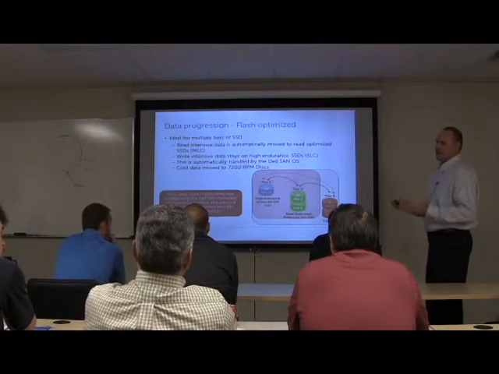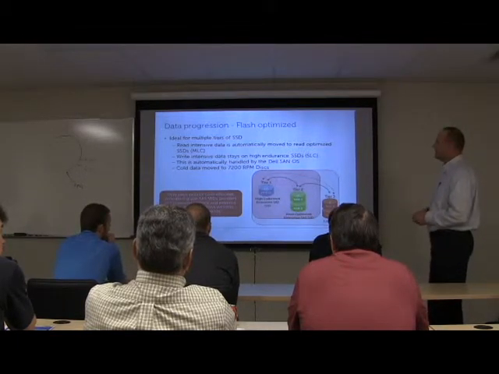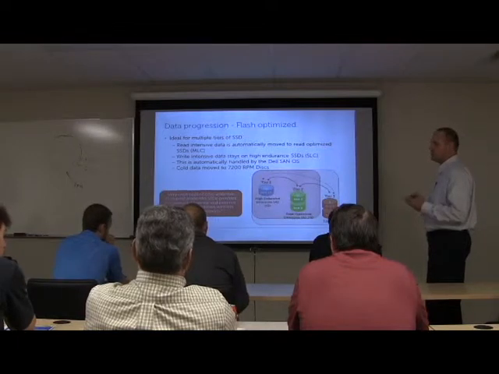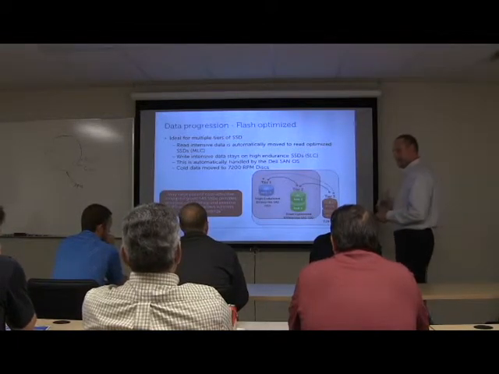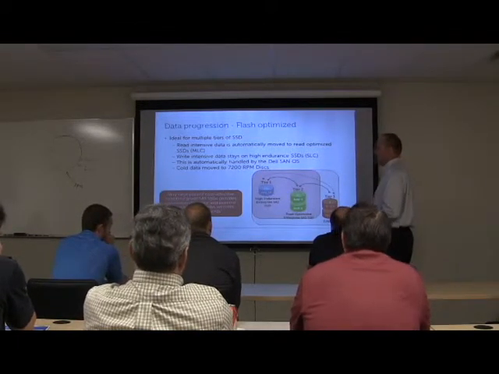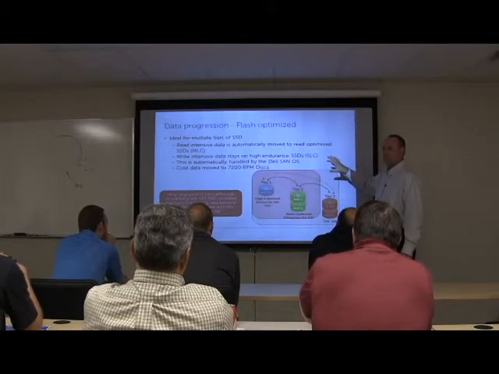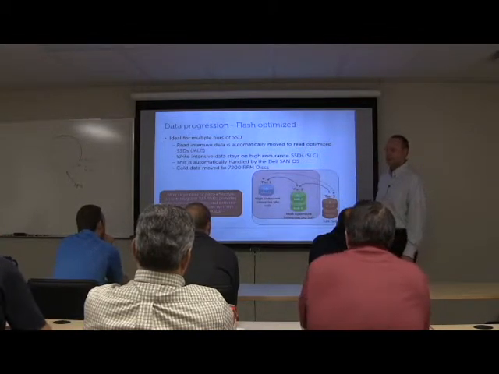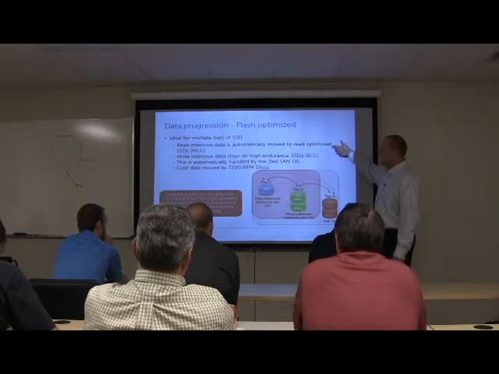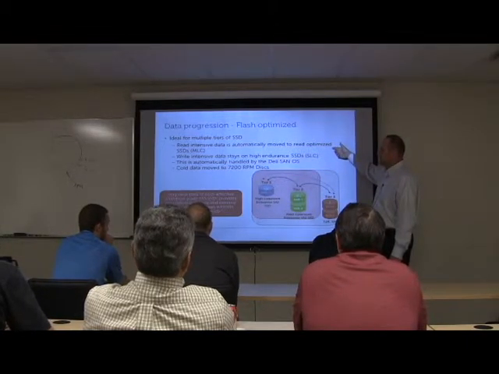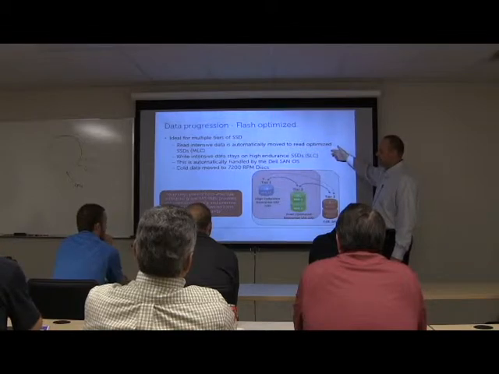Data progression is key to making this whole thing work. True data progression at the true block level. So there's the idea of multiple tiers of SSDs. You have your read intensive and your write intensive.